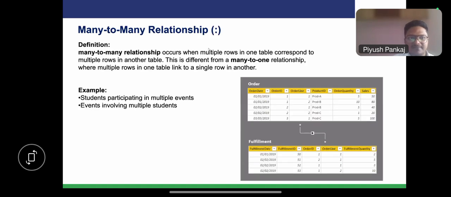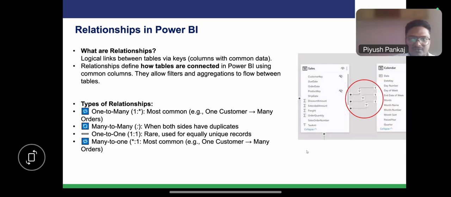Many to many occurs when multiple rows in a table correspond to multiple rows in a different table. So we have order line and order line. You can see multiple things are getting repeated over here, and you are also going to see one more thing, guys: this asterisk. If you have this asterisk, that means many.